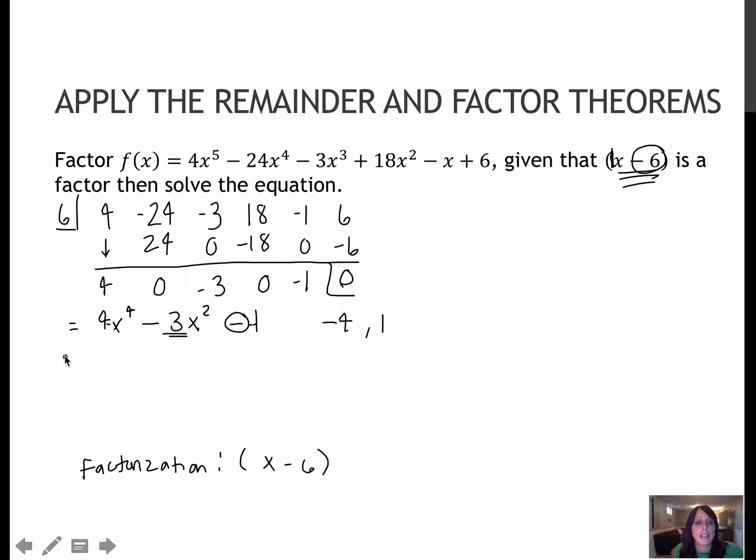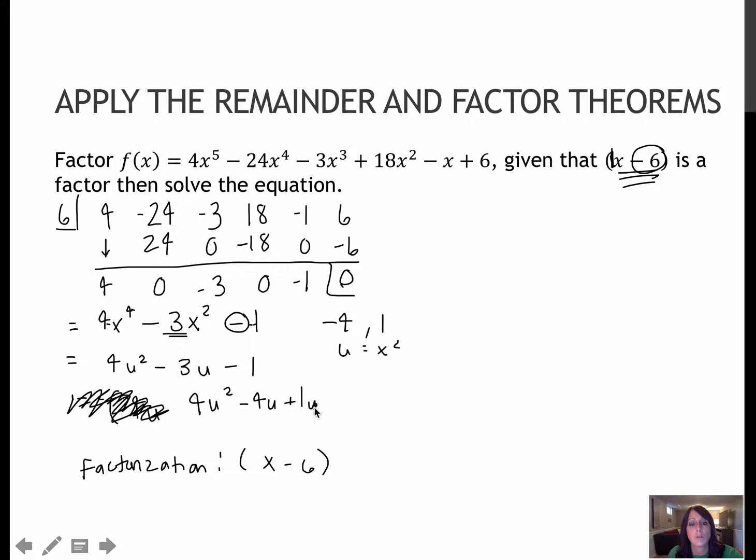So that means I can write this as, and this is sort of that u substitution thing. So if u is x squared, this is 4u squared minus 3u minus 1. Using the method that we've talked about before, I'm going to write this as 4u squared minus 4u plus 1u minus 1. Now why did I do that?